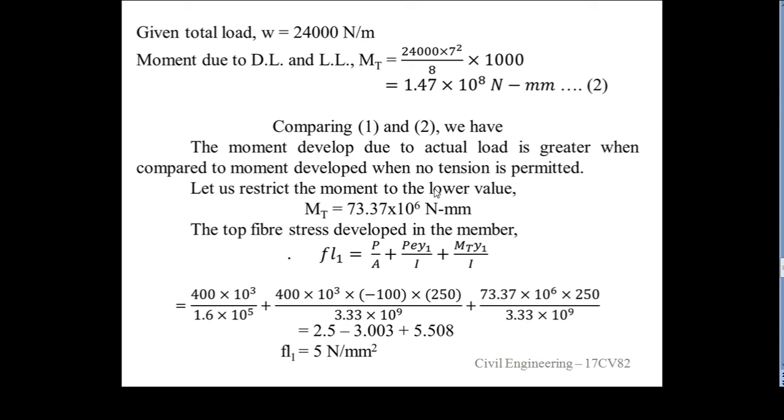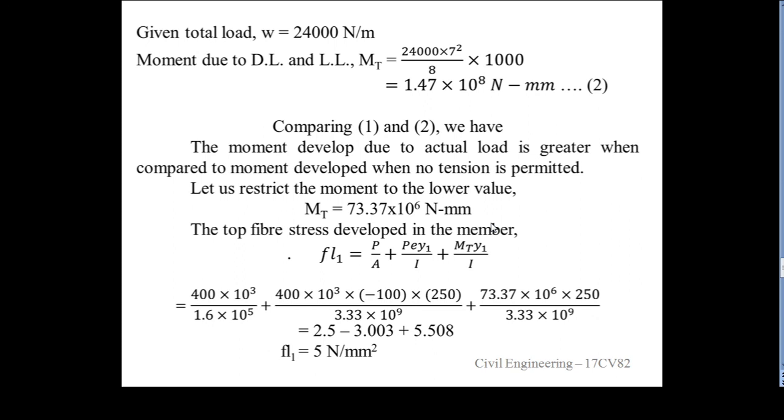Therefore, let us restrict the moment to the lower value, that is 73.37 into 10 raised to 6 Newton mm. The total moment we are considering here is 73.37 into 10 raised to 6 Newton mm. This is the lower value we are getting.